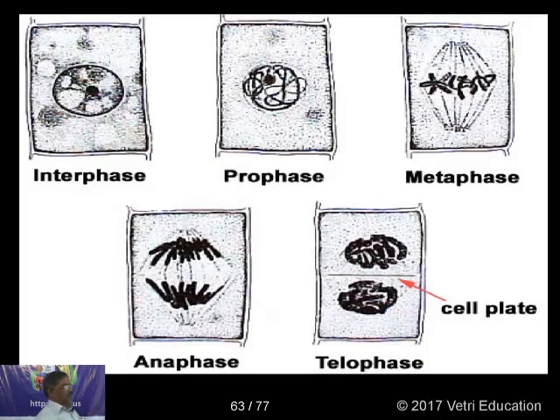Different phases are also given; I will explain later. This is the interphase, the preparatory phase, and next slowly disappearance of the nuclear membrane and formation of the chromosomes. In metaphase, the chromosomes are arranged on an equatorial plate, and then in anaphase, the daughter chromatids move to different poles, and with formation of the cell wall, one cell becomes two cells.